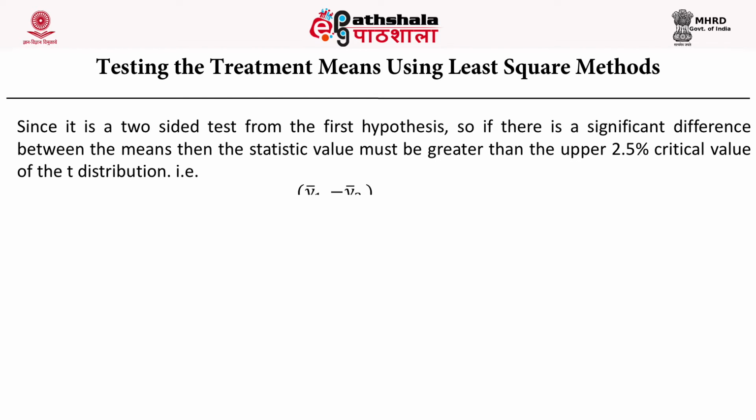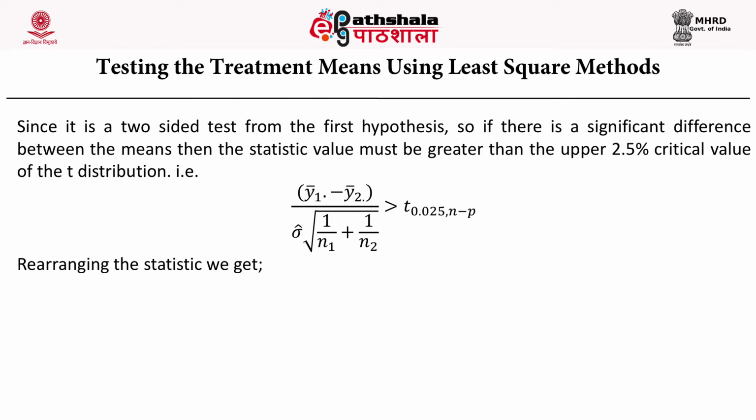So y1 dot bar minus y2 dot bar divided by sigma hat into square root of 1 upon n1 plus 1 upon n2 is greater than the t value with n minus p degrees of freedom at 0.025 level of significance.